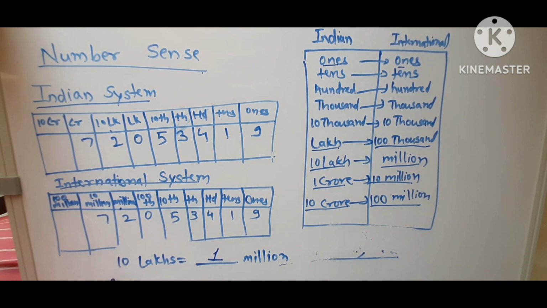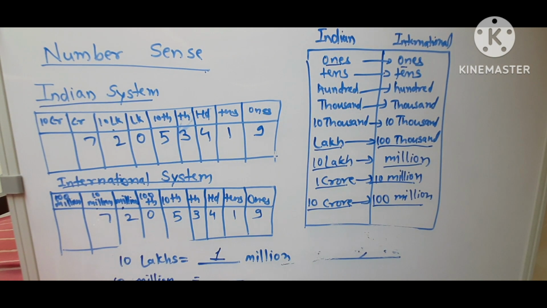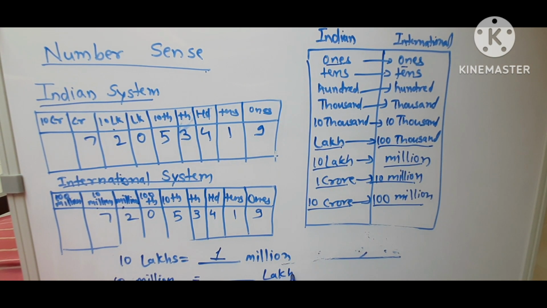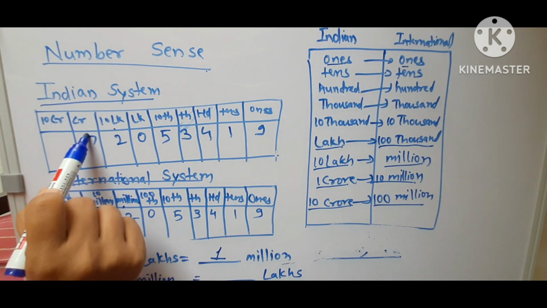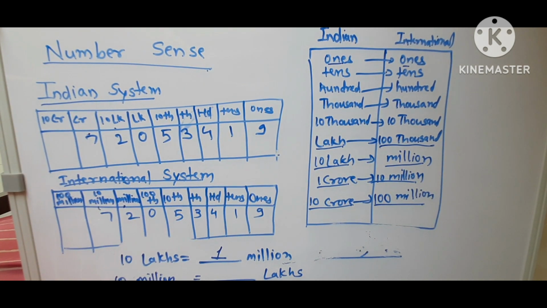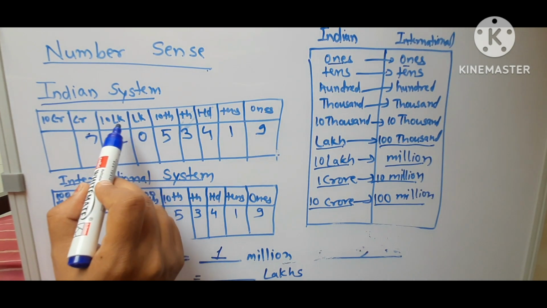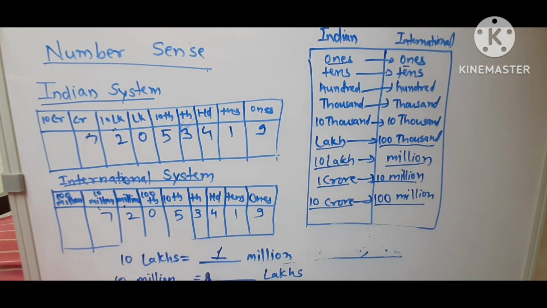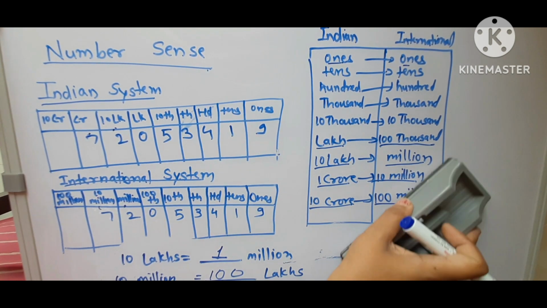They might ask you a question like 10 million equals dash lakhs. Now we know 10 million equals 1 crore, but they have asked us in lakhs, so we have to write it. We have 1 crore, that is 100 lakh, so the answer will be 100 lakh. This is how we do the Indian system and international system of writing.